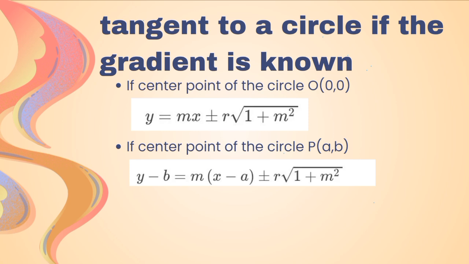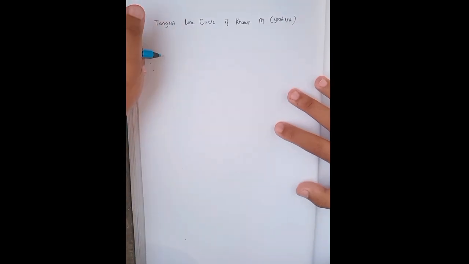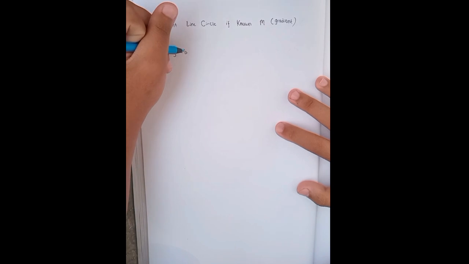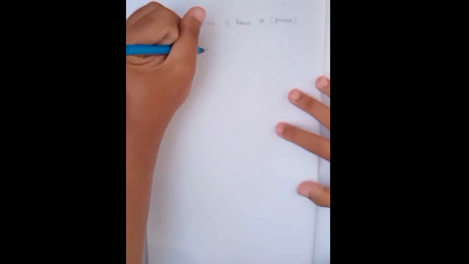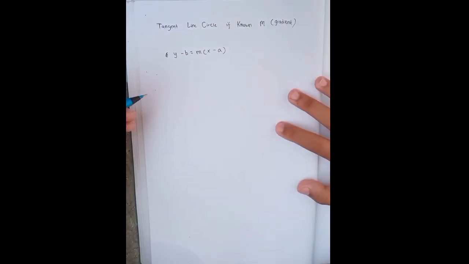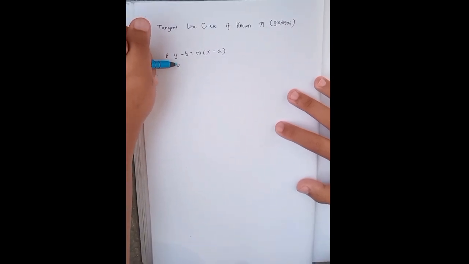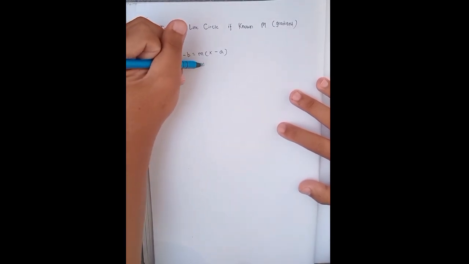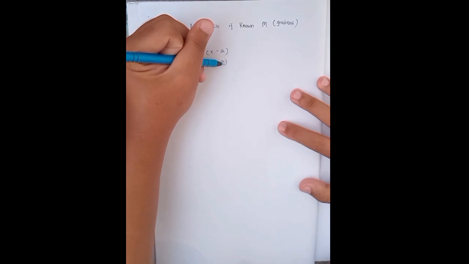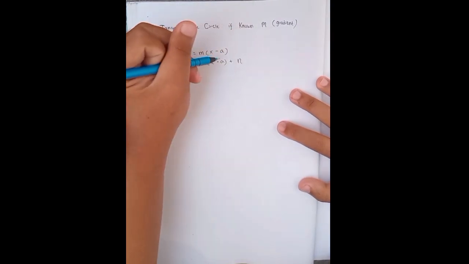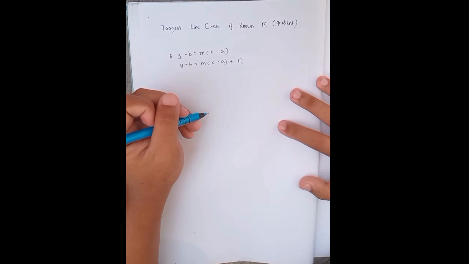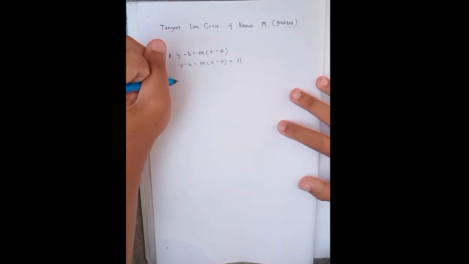Next, I will prove this formula. Tangent line to the circle if m or gradient is known. For example, the tangent line of the circle is y minus b equals m times x minus a, and add n to this equation. n is the distance from the tangent line to the circle.